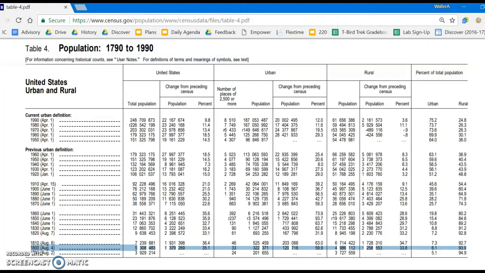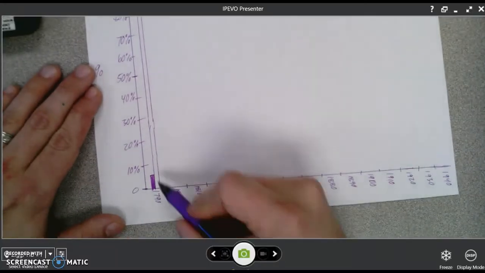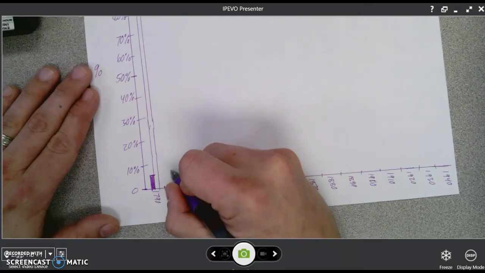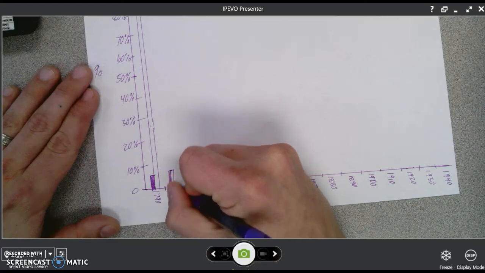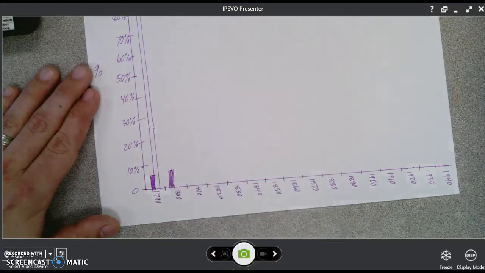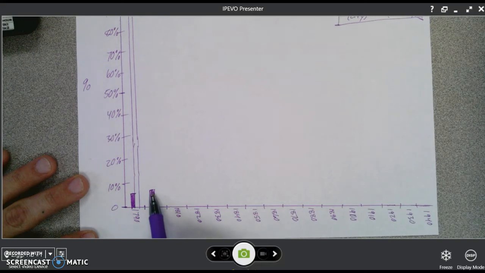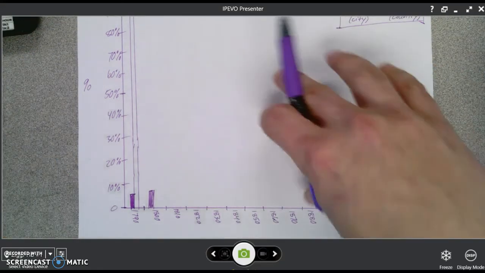So here, I'll look on my graph here. This was 5%, so 6% is going to be just a little bit more than that, right around here. Shading that line. So here I have up to about 6%, and I said the rural was about 94%.